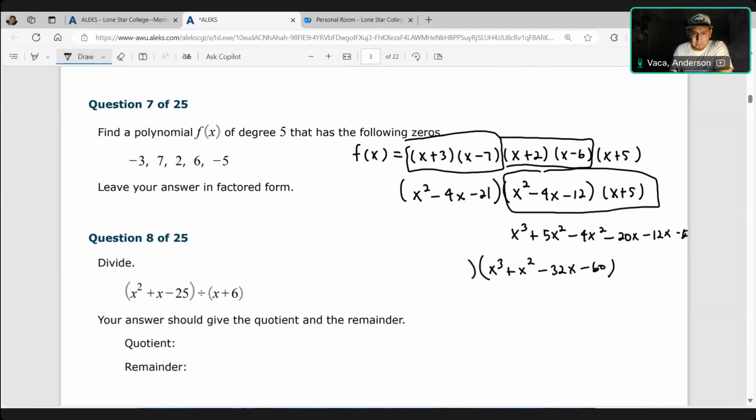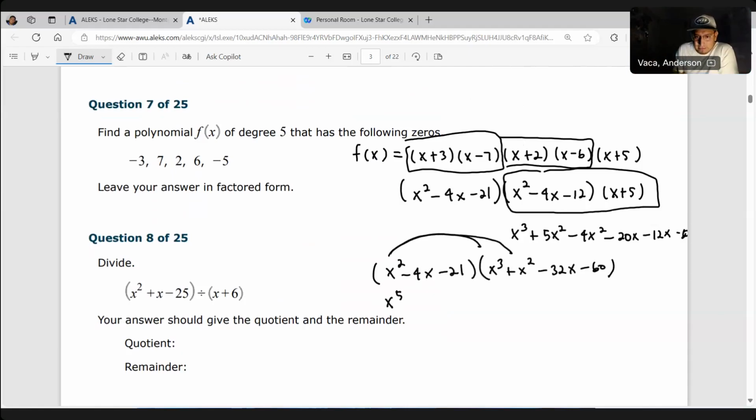And then I'm going to try to multiply this with x squared minus 4x minus 21. And this is just becoming a very laborious example, but I'm just going through it. That will be x to the 5th power, plus x to the 4th, minus 32x, and try to do something systematic here.